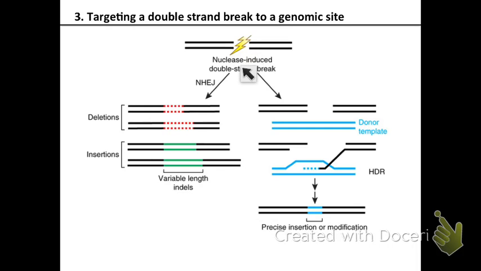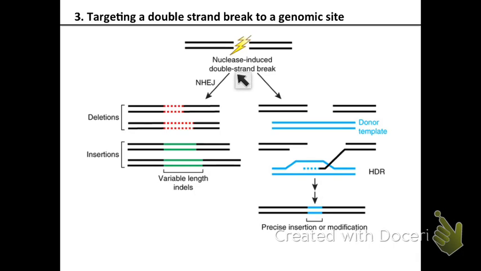And in the repair of this break, if it uses the non-homologous end joining pathway, you will typically have small deletions at the end of the DNA due to that blunting step, right? Or you can have insertions, which we didn't go through, but non-homologous end joining can also lead to small insertions. So you will have variable length indels, typically, sometimes very small insertions.